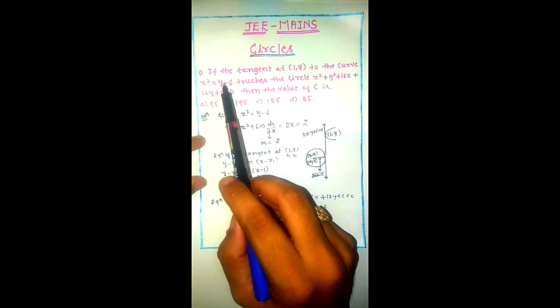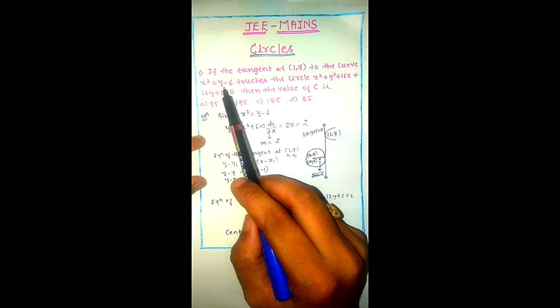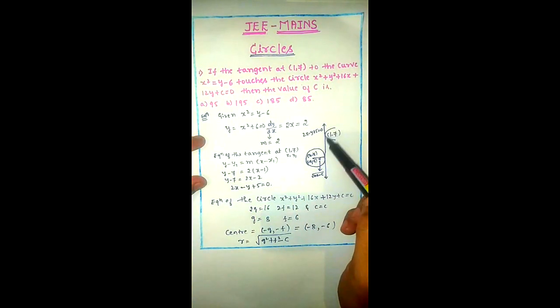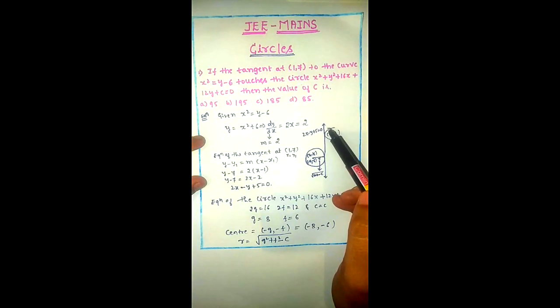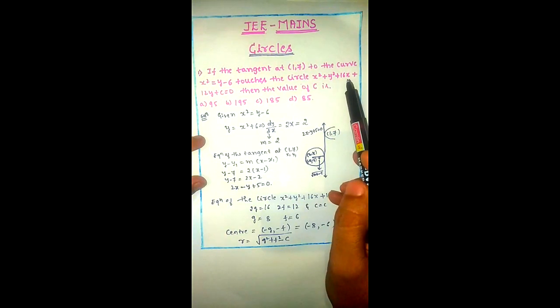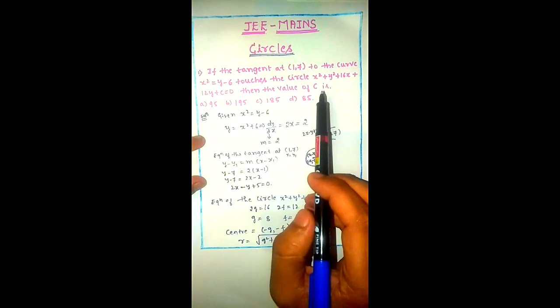Here they have given the tangent at (1, 7) to the curve x² = y − 6, which is nothing but a parabola. The tangent touches the circle, so observe the diagram. The tangent at (1, 7) touches the circle x² + y² + 16x + 12y + c = 0.